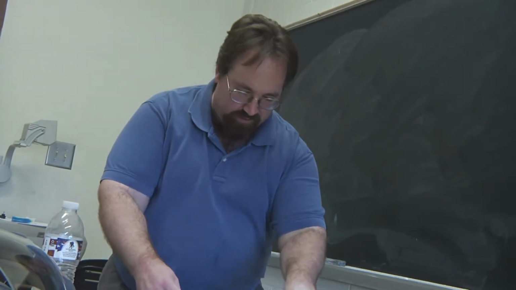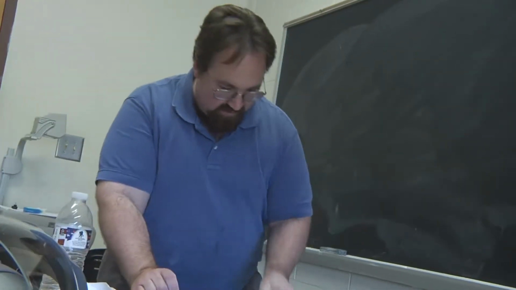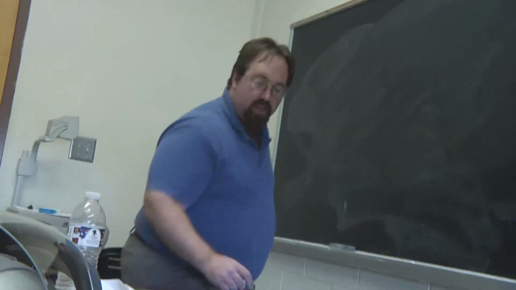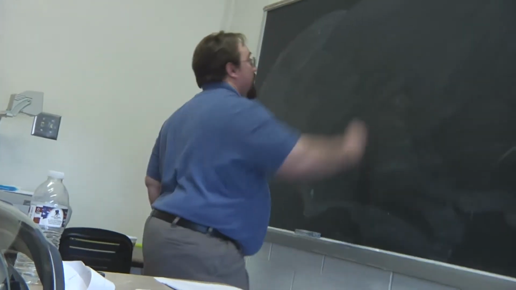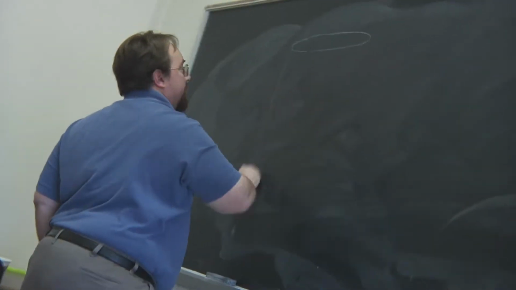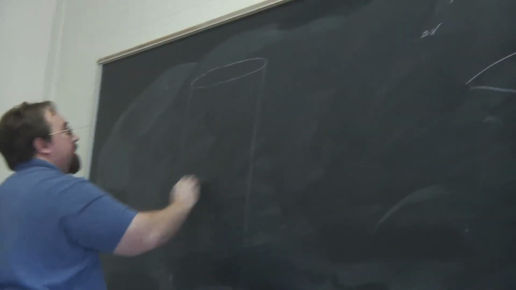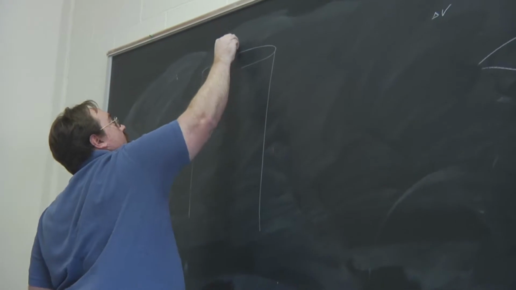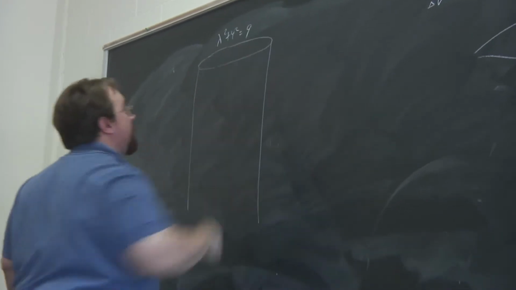Now, an example involving surface area. All right, so we have a cylinder, radius 3. So this is x squared plus y squared equals 9.